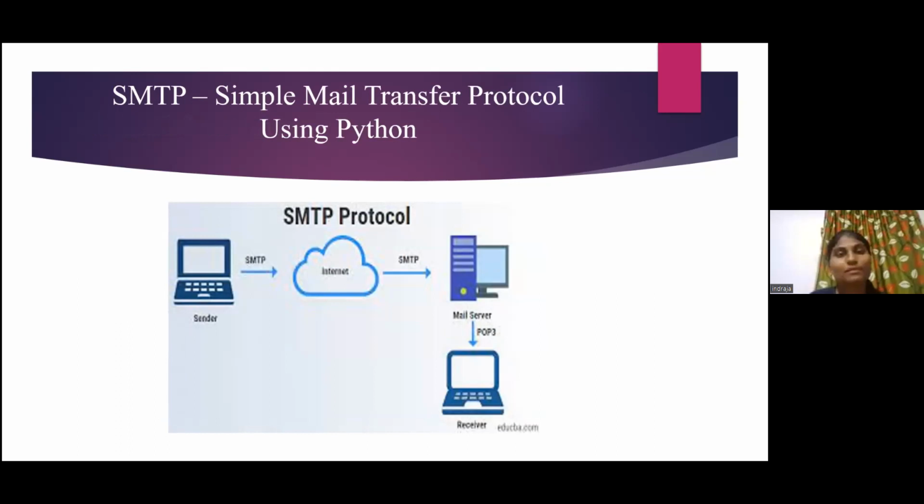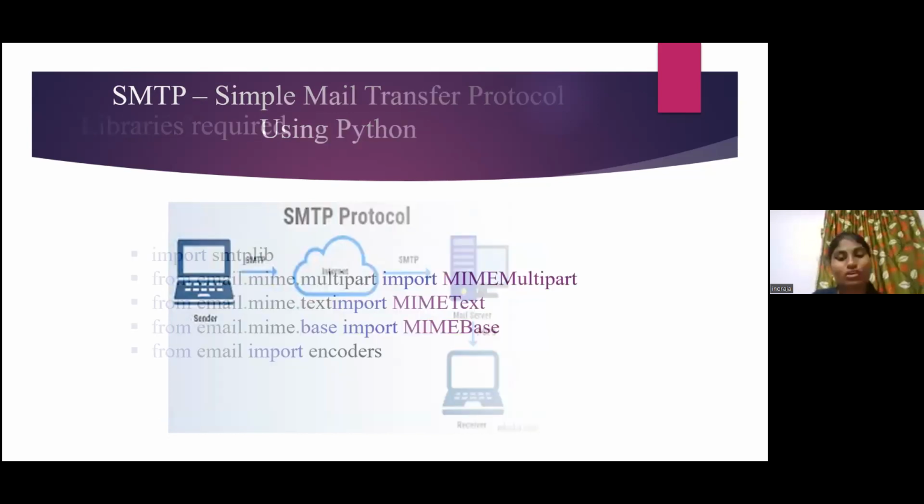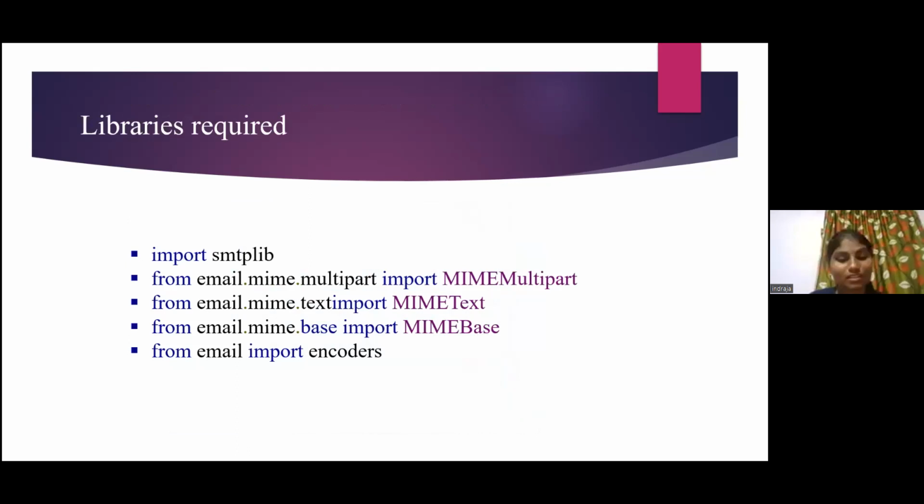SMTP is used most commonly by email clients. To send an email using Python, we don't need any external libraries. There is a module called smtplib for sending emails using Python.